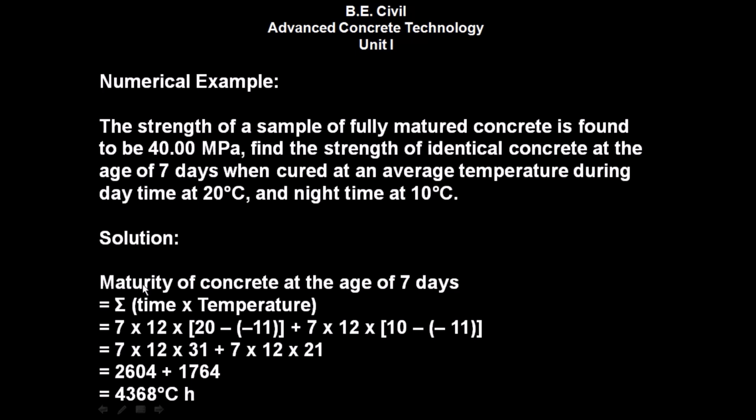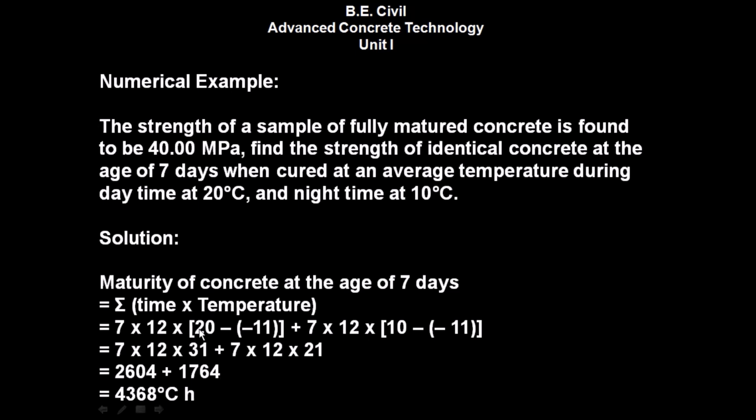First step is the maturity of the concrete at the age of 7 days, that is equal to summation of time multiplied by temperature. This is the formula for the maturity. So that is equal to 7, the age of 7 days, multiplied by 12, that is 12 hours, multiplied by the temperature.